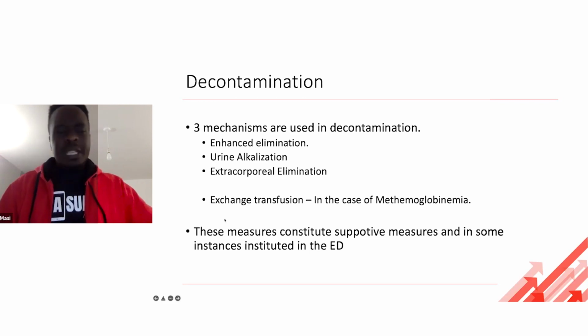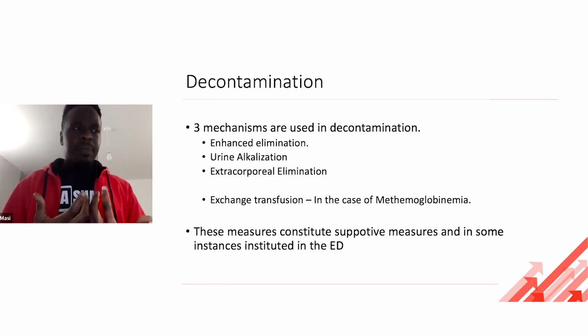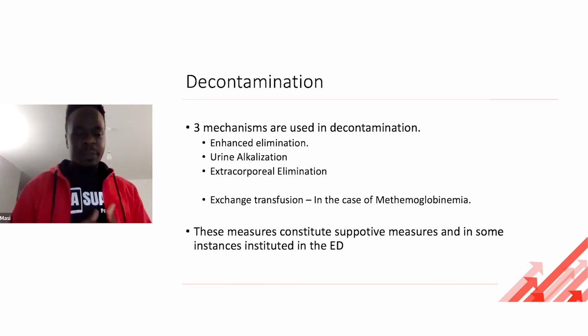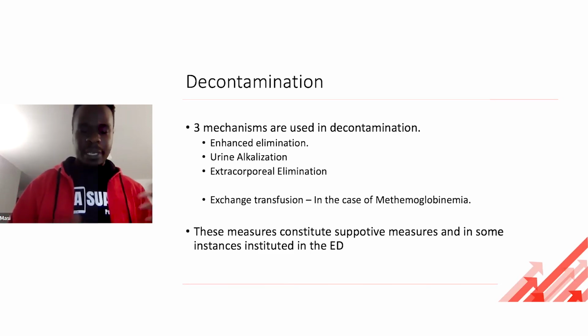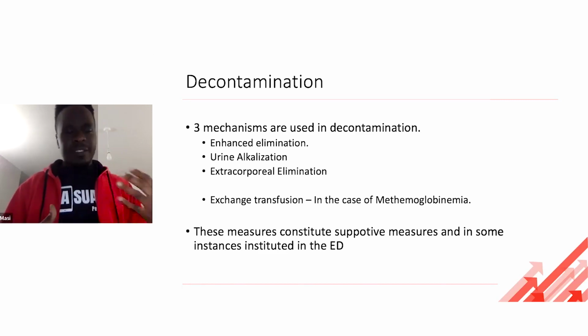Now, decontamination, which is one of the core elements of managing poisoning, is a mechanism through which you eliminate or remove the toxin from the patient's body. So forget about external decontamination, which is where you remove the clothes, you wash, and all that. Now, this is trying to remove the toxin from the patient's system in the quickest and most efficient way possible.